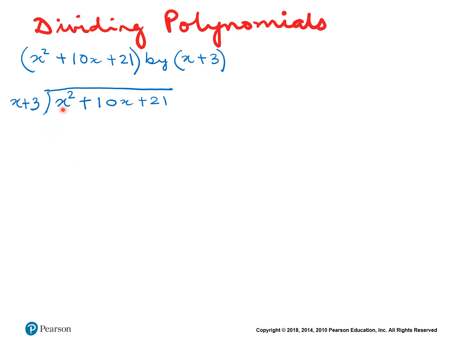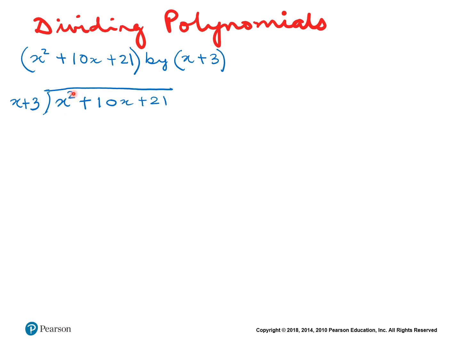Now, to figure out what we should put in the quotient, just look at the first term of the dividend. It's x squared. What is the first term of the divisor? It's x. And think, what should you multiply this x by to get an x squared?